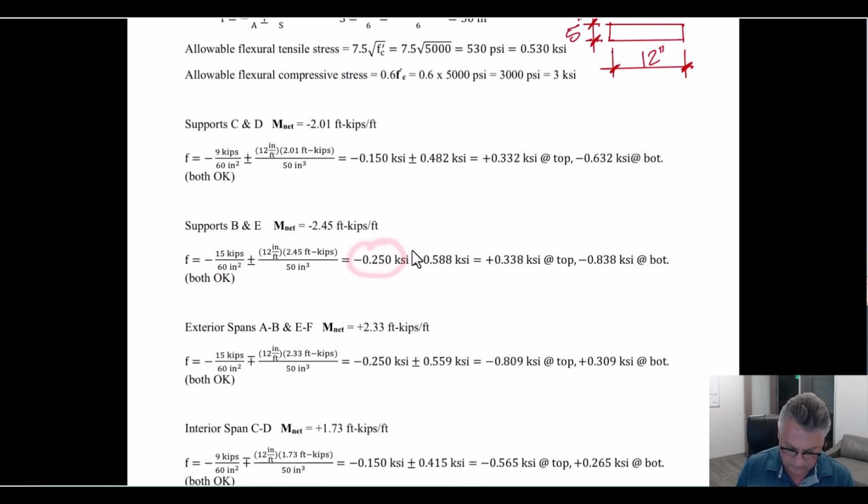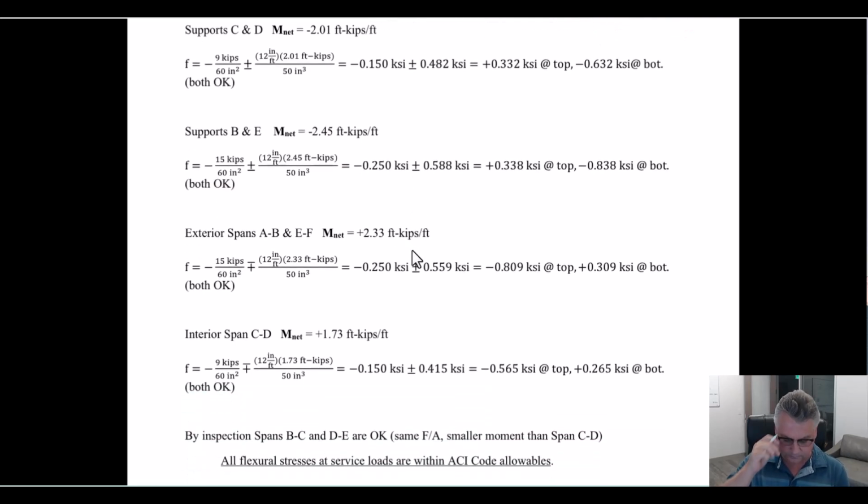That's that 250 psi negative. Plus or minus M over S with the 2.45 results in tension 338 psi at the top and negative 838 psi at the bottom. Again, the one we really care about is this one, and this is less than 530. It's looking very good.